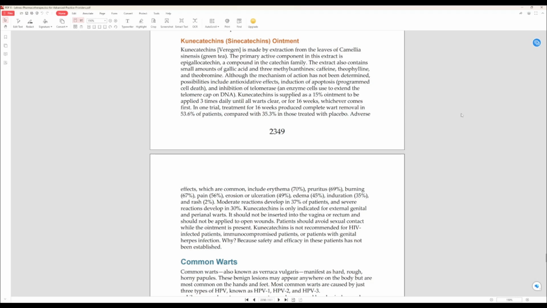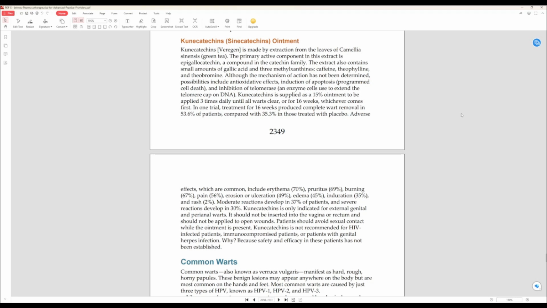The extract also contains small amounts of gallic acid and 3-methylxanthines: caffeine, theophylline, and theobromine. Although the mechanism of action has not fully been determined, possibilities include antioxidative effects, induction of apoptosis, and the inhibition of telomerase.